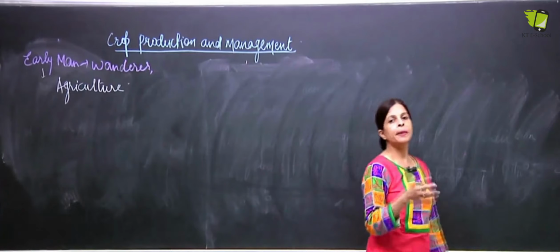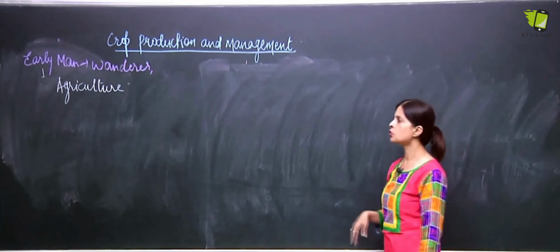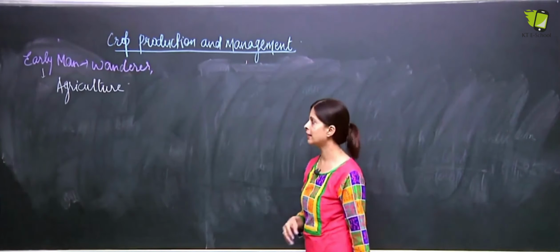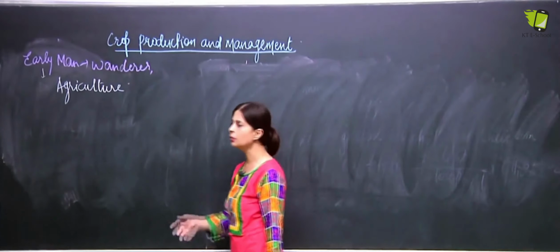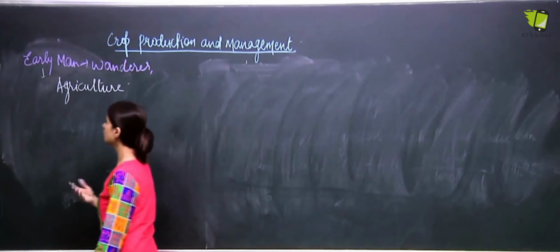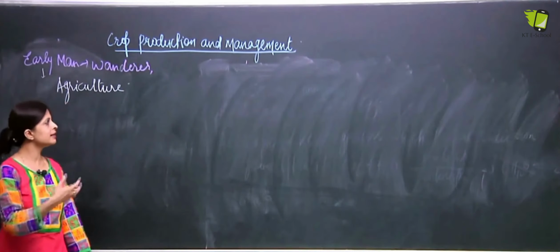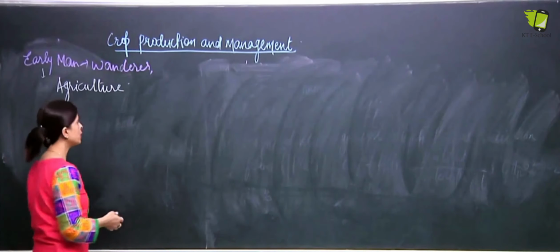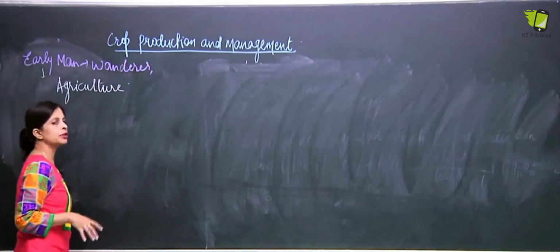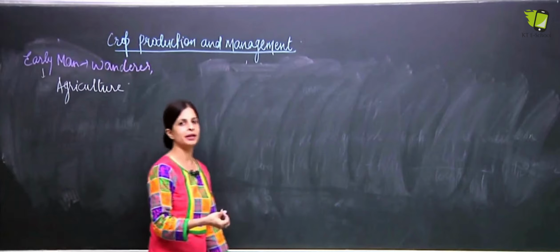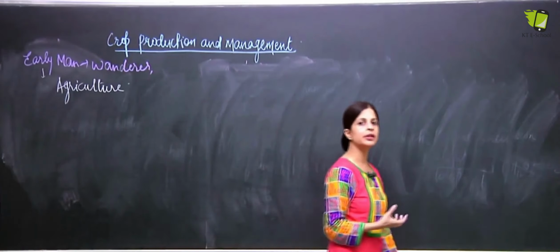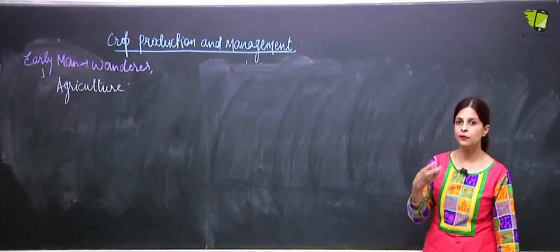So the early men used to live a wanderer and nomadic life, and slowly they learned to grow crops and started doing agriculture. As I told you, every living thing depends upon the plants for food.